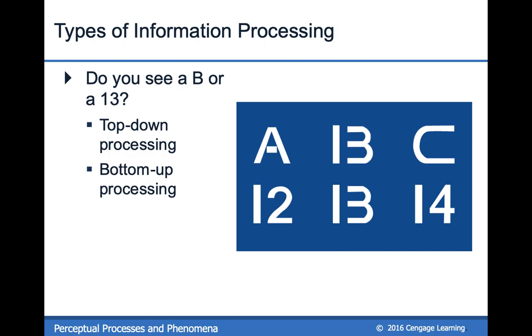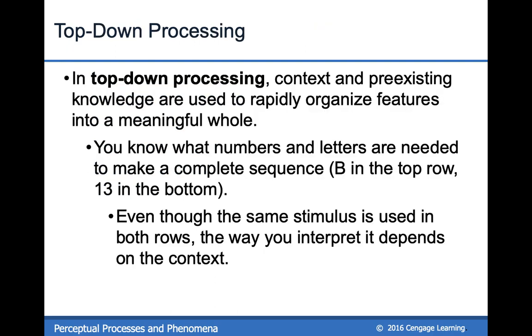But these middle figures, the B or 13, are ambiguous, and it has to do with the context that they're surrounded by, whether you would interpret this to be a B or a 13. And we're going to be talking about this shape and this figure quite a bit in the next few slides. So, first we're talking about top-down processing.